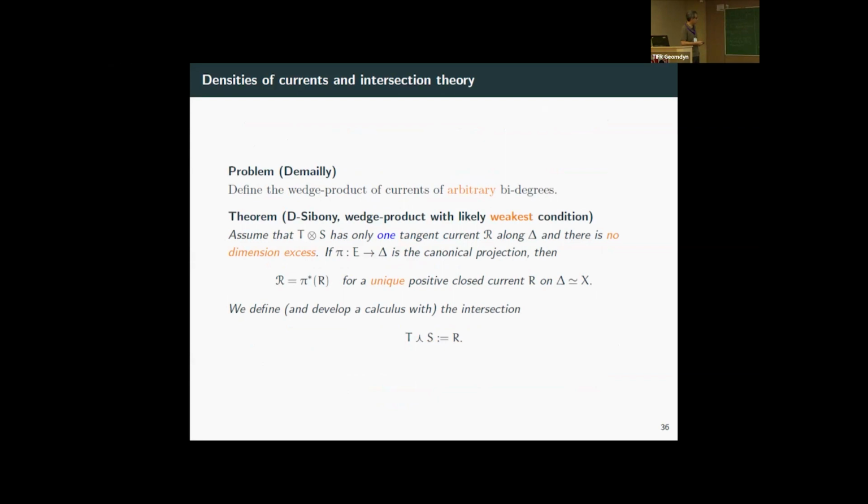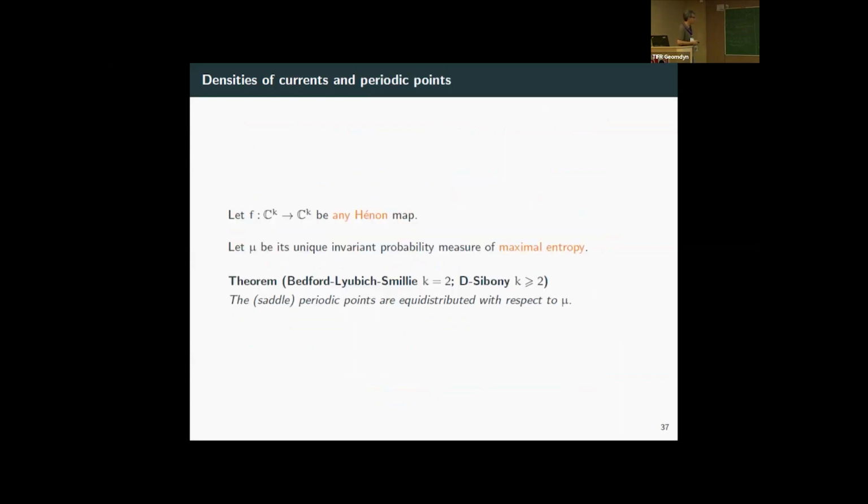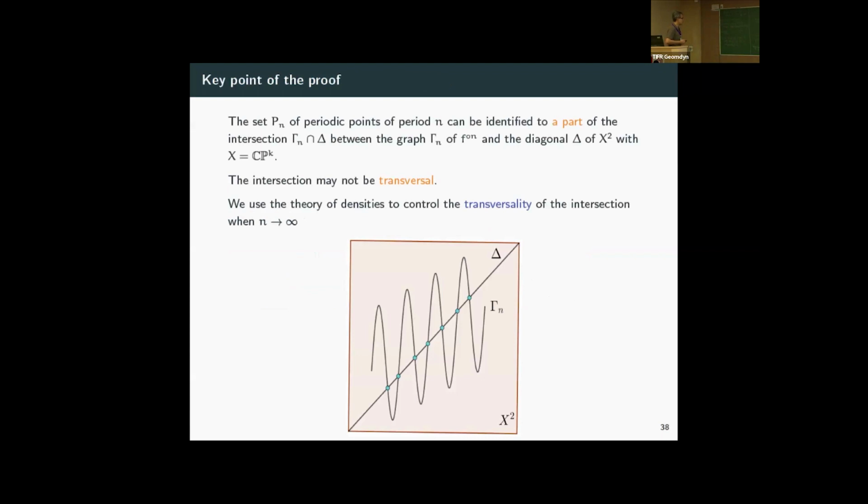I skip it, but the motivation for this theory is the following theorem that I stated before. The periodic points are equidistributed with respect to mu. So how to prove this? Here's a picture.